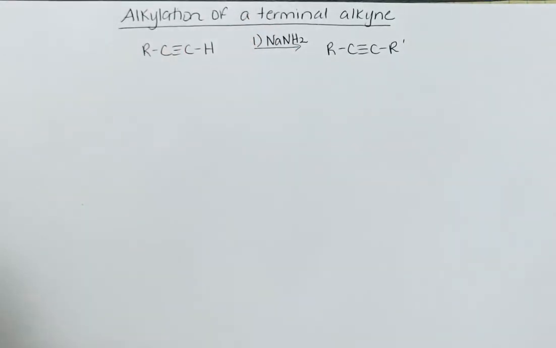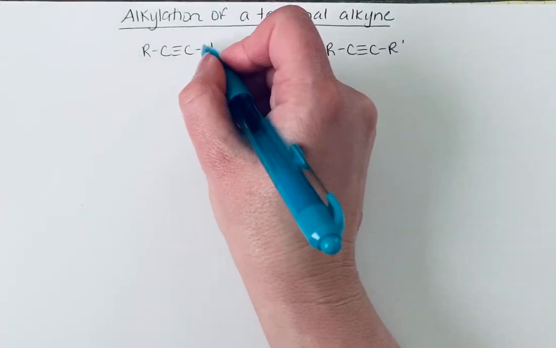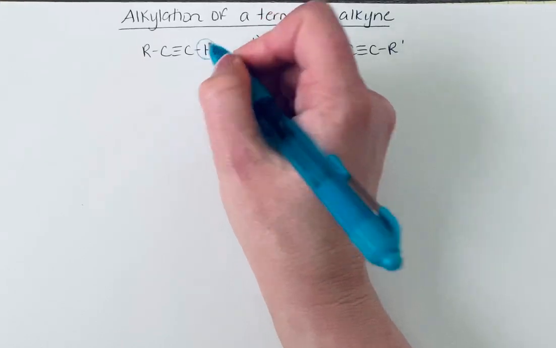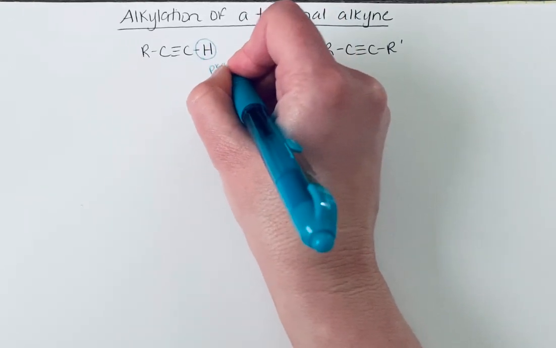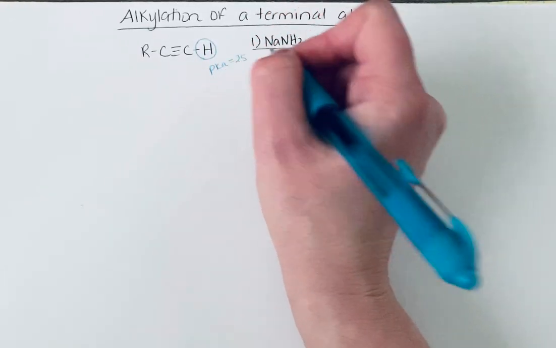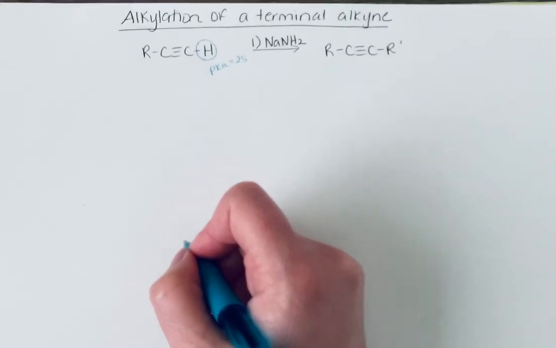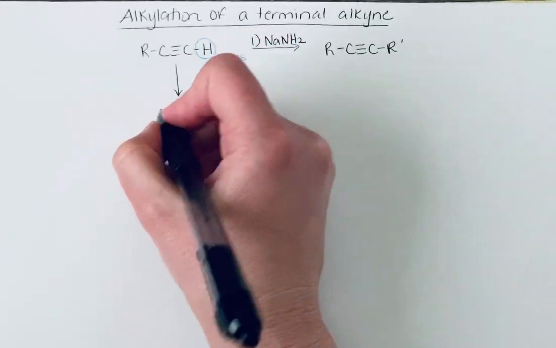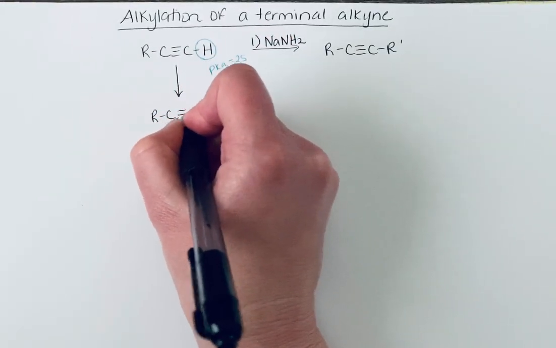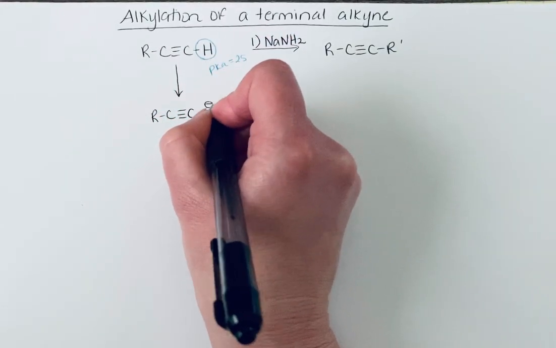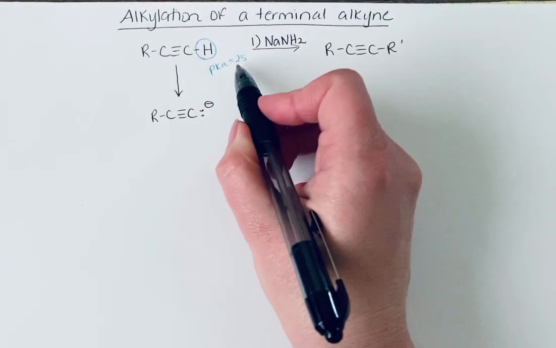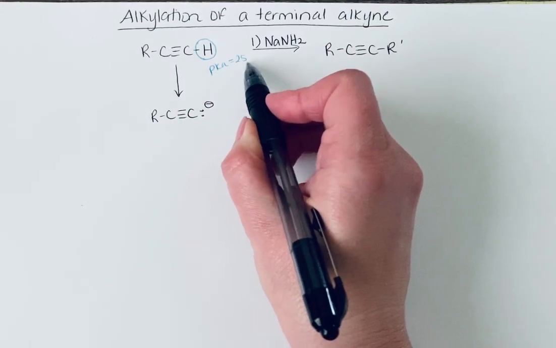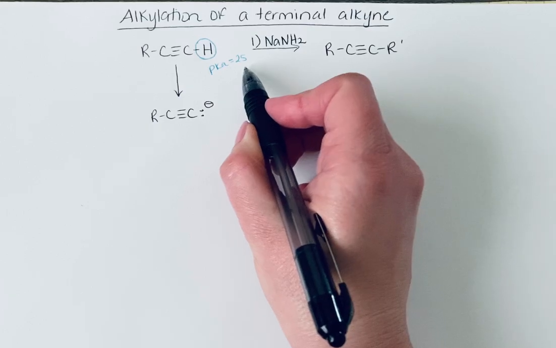If we recall from an earlier chapter on acidity, the pKa of an alkyne proton is around 25. So to remove that, we need a base that is stronger than the anion that we will form after it's removed. That means we need a base whose conjugate acid has a pKa greater than 25.